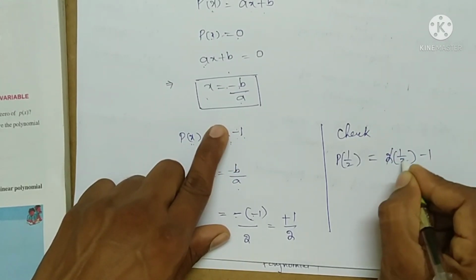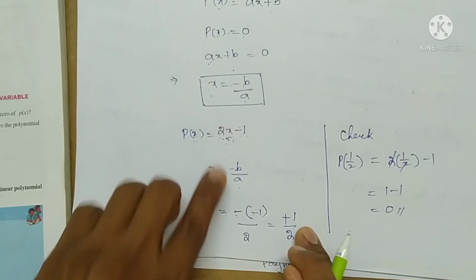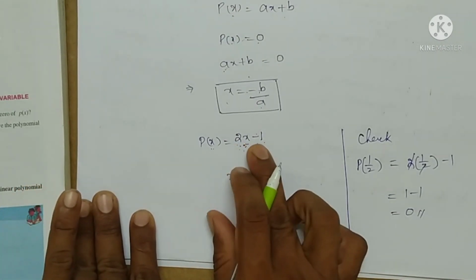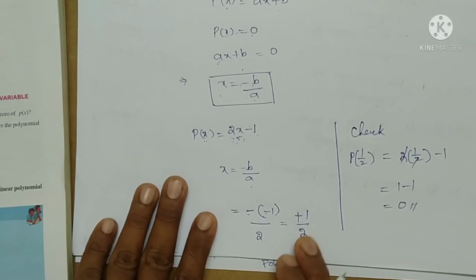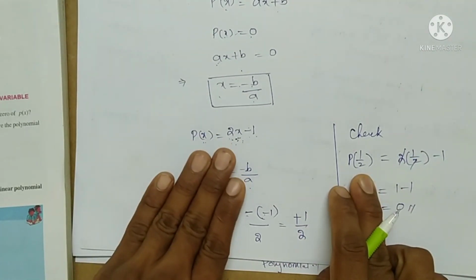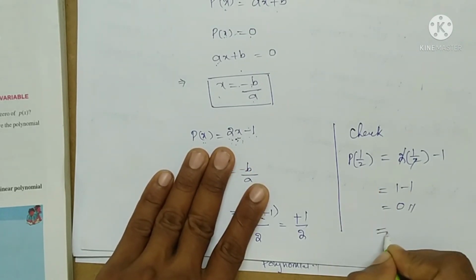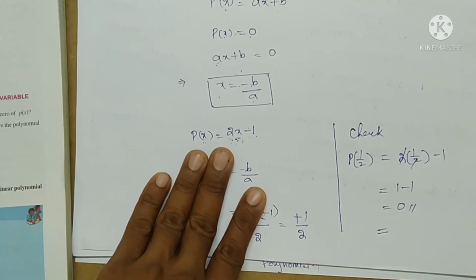Here the 2s cancel, 1 minus 1, the result is 0. So the zero of the polynomial 2x minus 1 is 1 by 2. This is the final result.